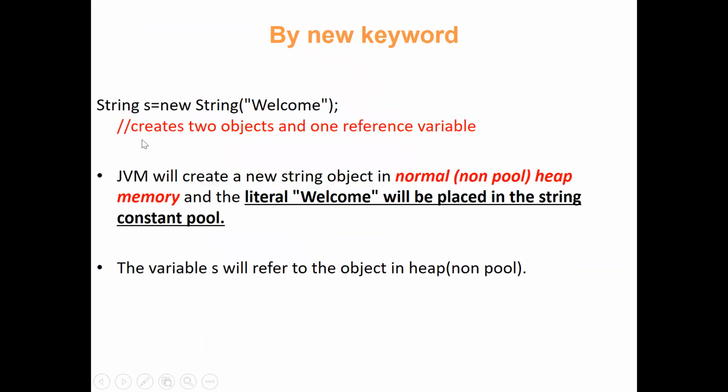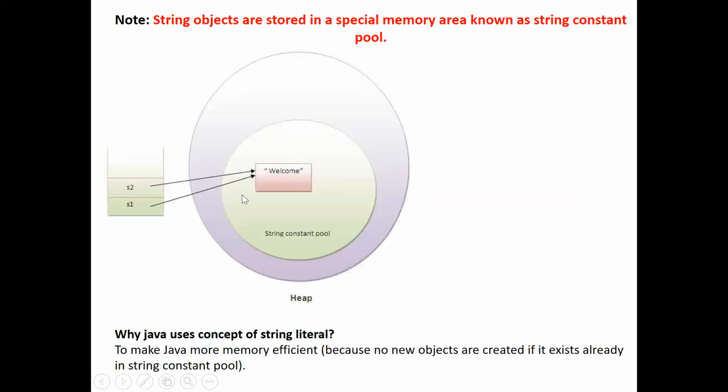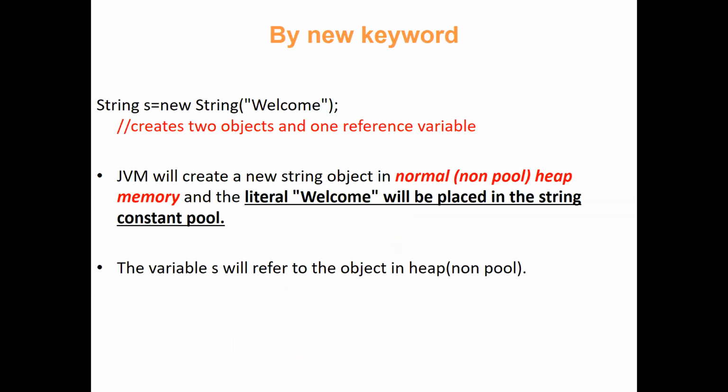So when you define string s is equal to new string of welcome, in real time it will create two objects and one reference variable. One it will store in the string constant pool and one in actual heap memory. But the reference s will be pointing to whatever is stored in the heap memory, not the constant pool. So that is the difference between initializing through literals and through the new keyword.